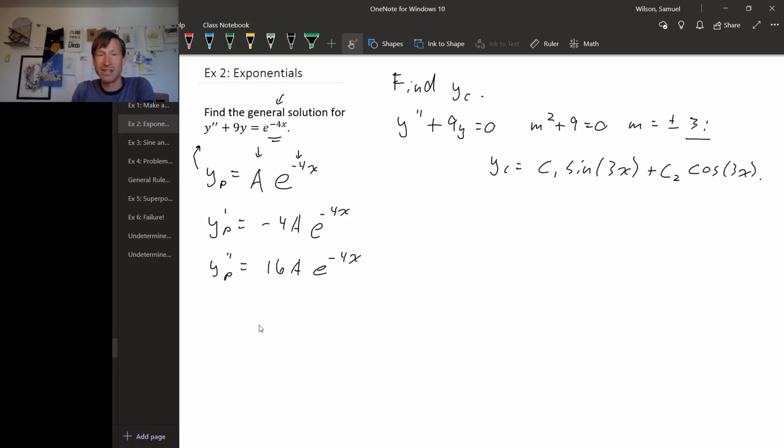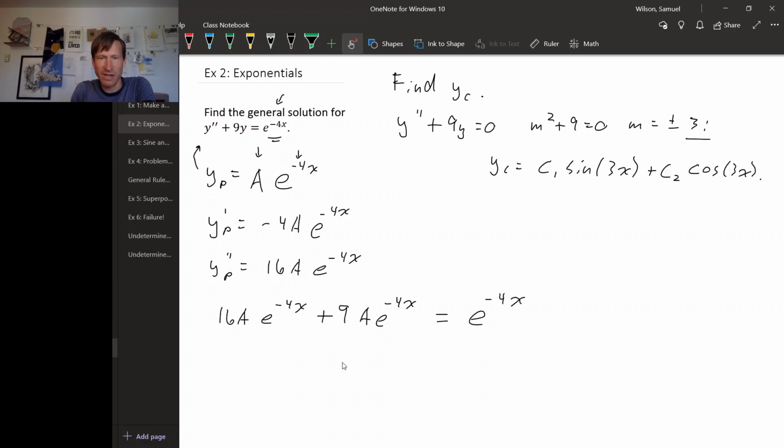Plug all this into the original differential equation: 16A e to the minus 4x plus 9 times y, so y sub p is A times e to the minus 4x, and this is supposed to be equal to e to the minus 4x.